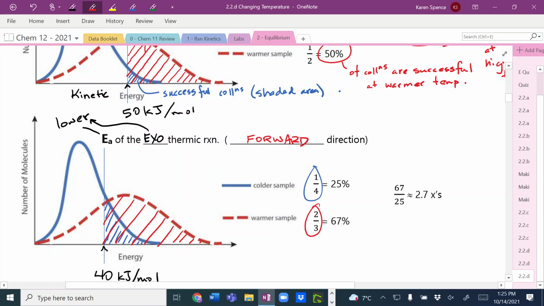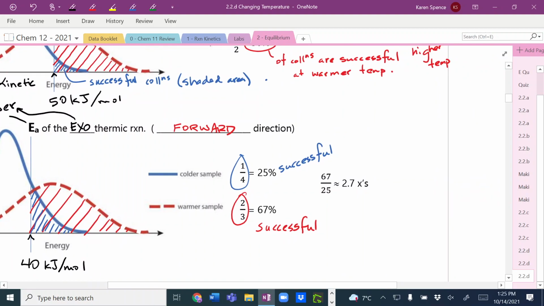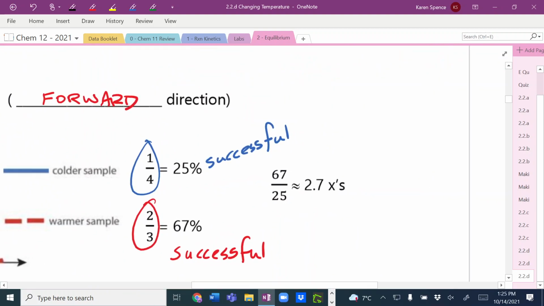So we went from having 25% successful to having 67% successful. So how many times did we multiply our successfulness when we went from cold to hot? Well, we take 67 and divide by 25, and we get only 2.7 times.